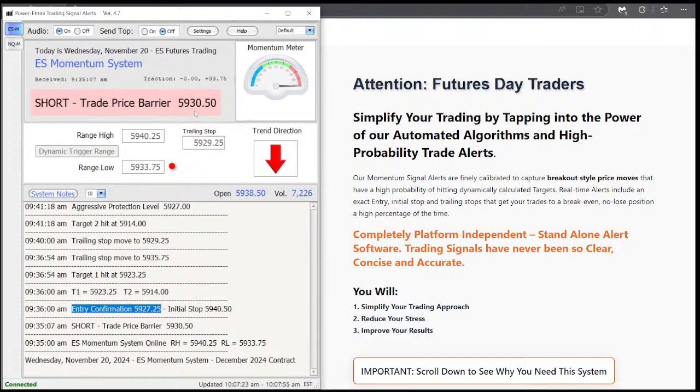Anyway, when you get this alert, 59.30.50, what we're looking for to take the actual entry is a 1 minute closing price bar, at least a tick past the alert price. So the first 1 minute close that would occur at 59.30.25 or below is going to trigger in the trade, right?